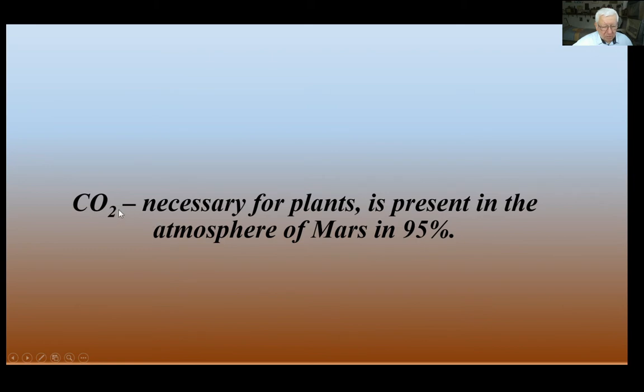CO2 present in the atmosphere of Mars will be used for plants, because plants for production of tissue need CO2 for construction of bodies, let's say. On Mars, as is documented, we have about 95% in the atmosphere. This is called carbon dioxide.